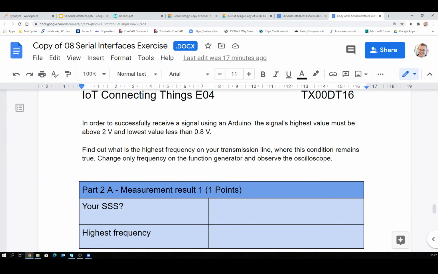Okay, in order to successfully receive a signal in Arduino, the signal high value must be above 2 volts and low value less than 0.8 volts.